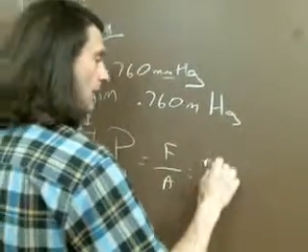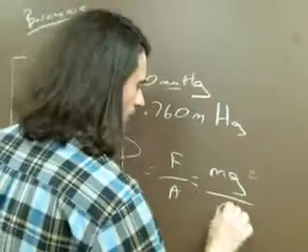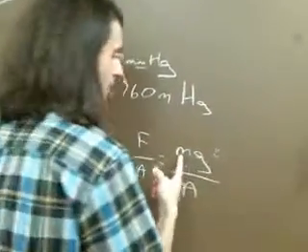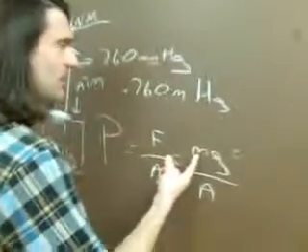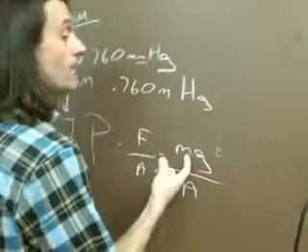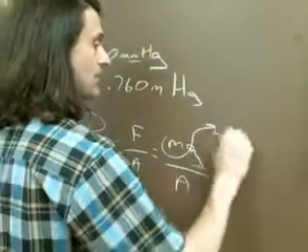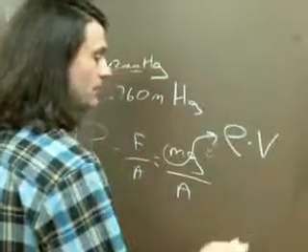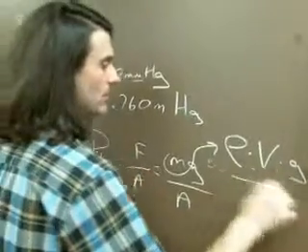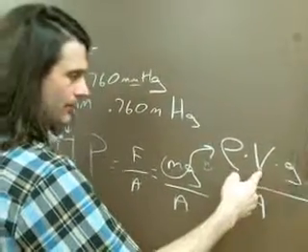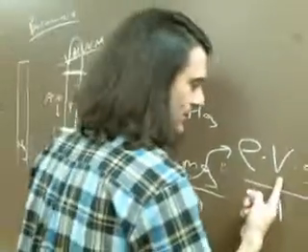Weight. The mg over A, and this is what we did the other day. Another way to write mass is density times volume, so the mass is density times volume times gravity, which if I divide by an area, the area kills 2 dimensions of the 3 dimensions of the volume.